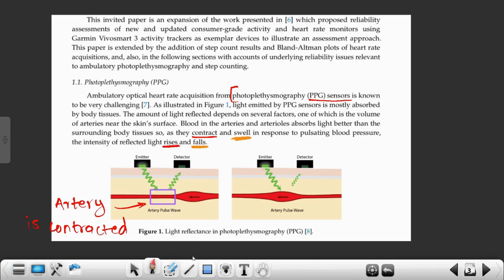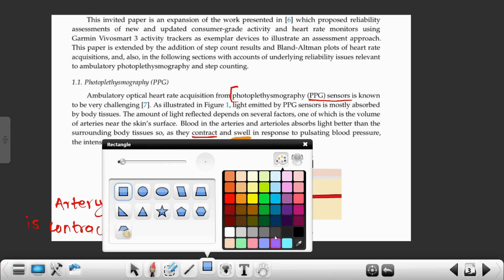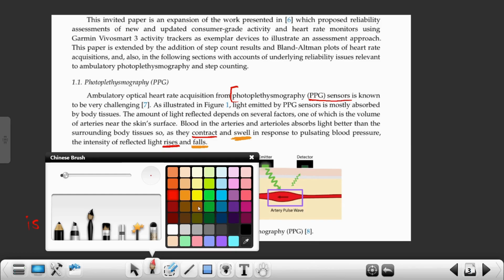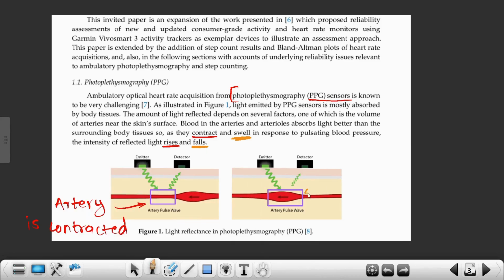Now look at the second diagram over here. When my artery is expanded, or swelled, right? Let me write over here: artery is expanded. When this artery is expanded, what is going to happen?